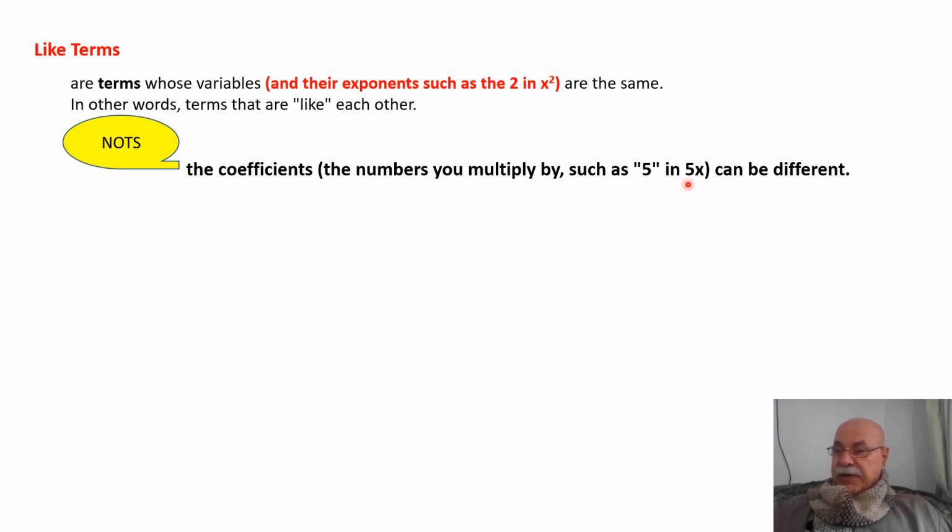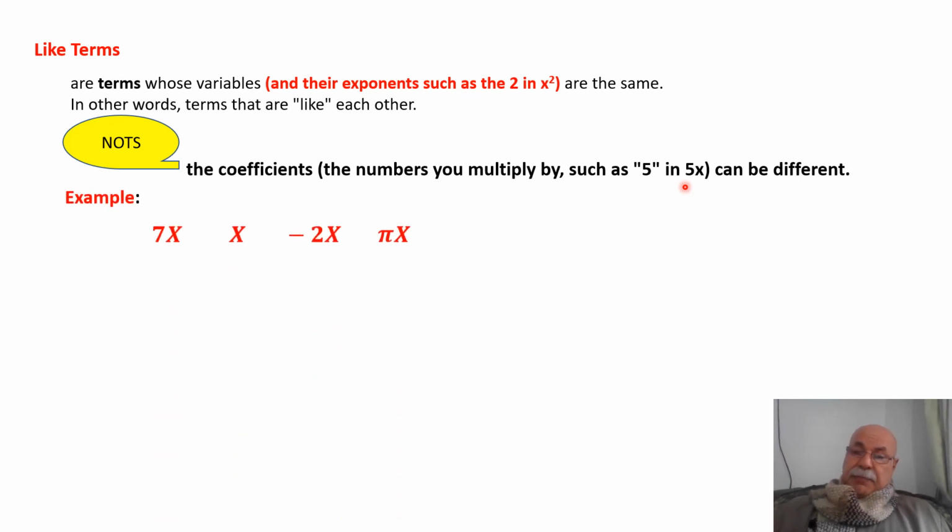This 5 in 5x is different because these are variables. This 5x is not just a 5. Here 5 is multiplied by x. When I find the value of x, I will multiply this 5 by x.